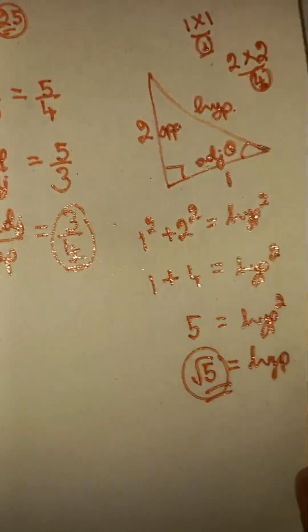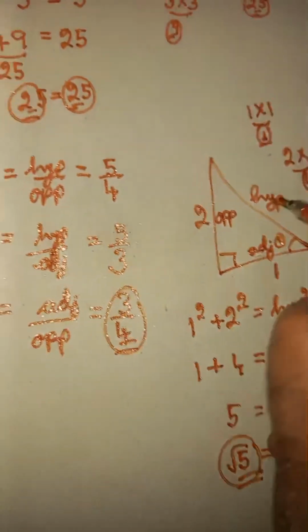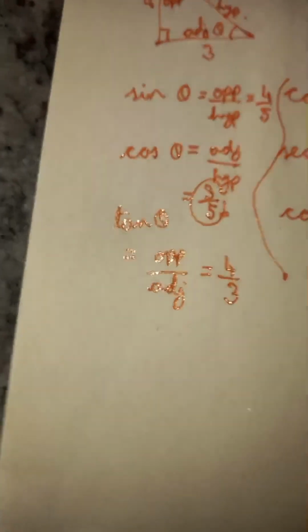Now find out the different trigonometric ratios. Here the hypotenuse becomes root 5 units. Let's write this triangle again here.